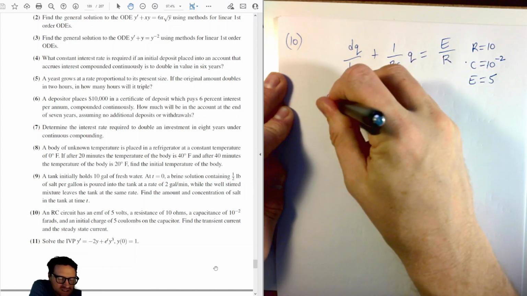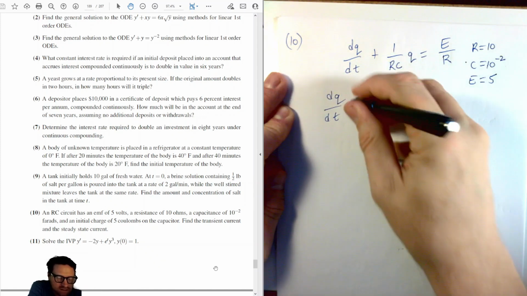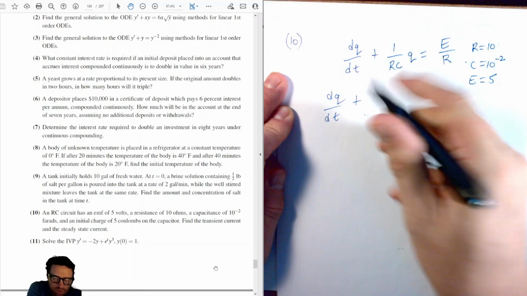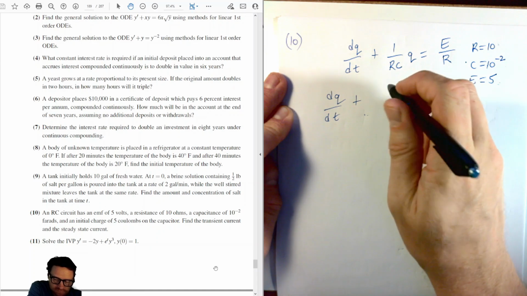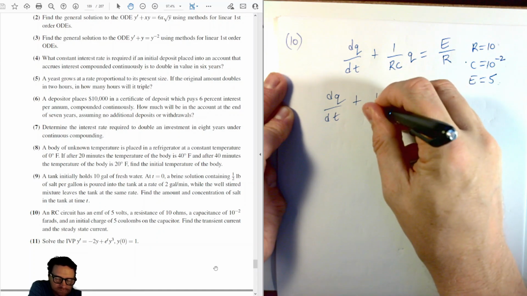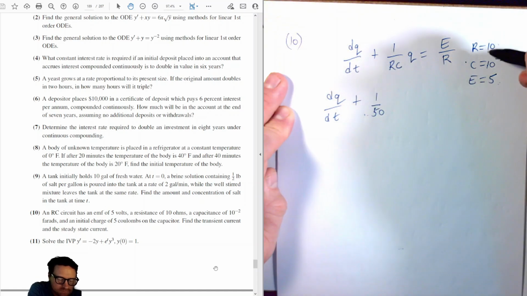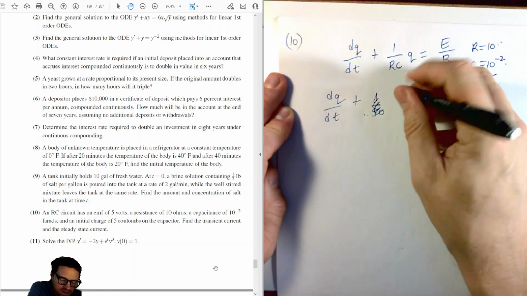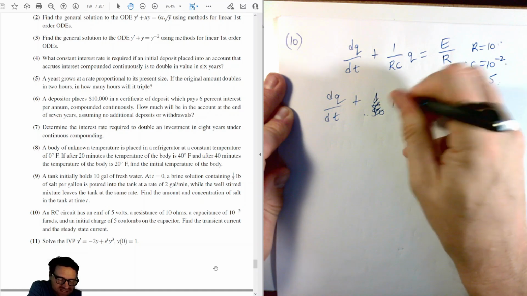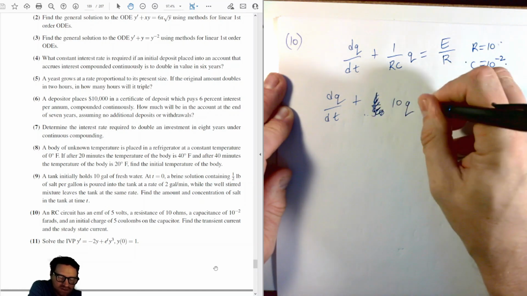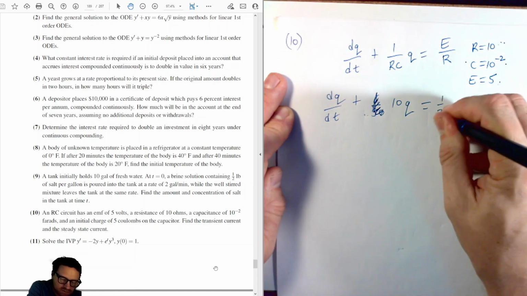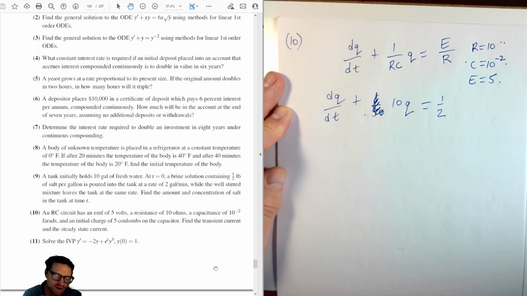Now RC is the product of these, R times C is 10 to the minus 1, right? So this is 1 over 1/10, which is 10, times q. And E divided by R is 1/2. Okay, so there's our differential equation.